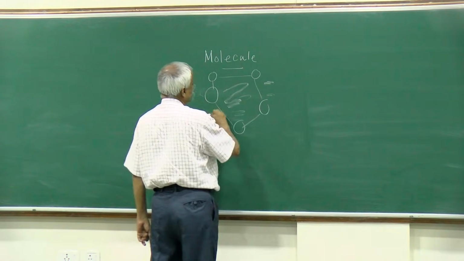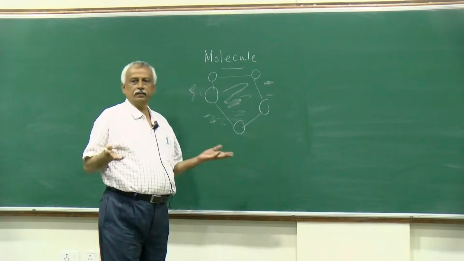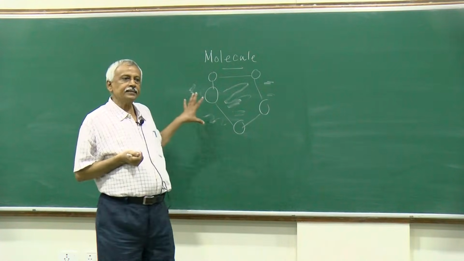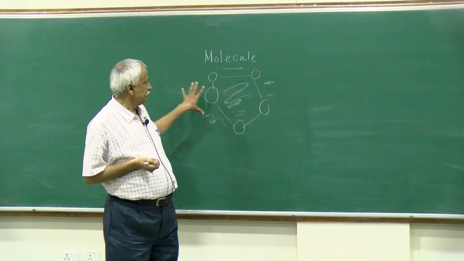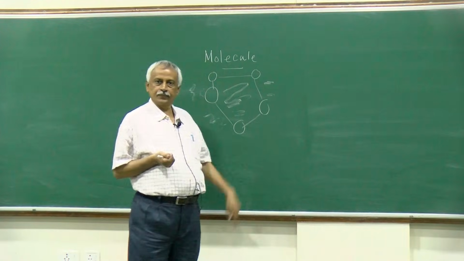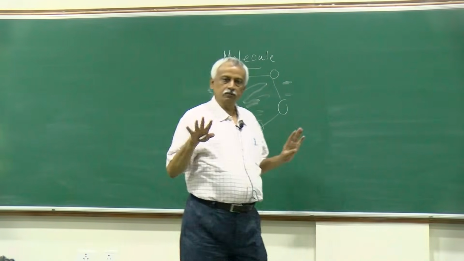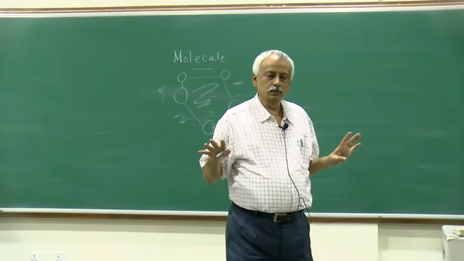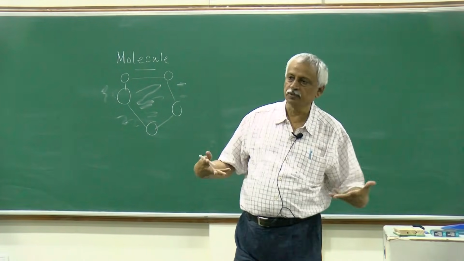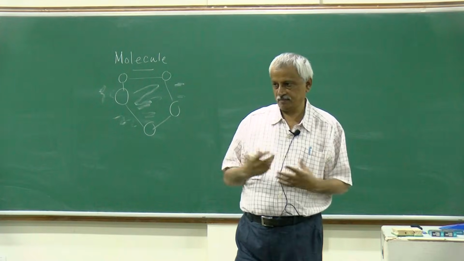This is generally the way we look into the molecule. Now, in this case, there are two important aspects you can see. One, the positions of the nuclei. And the positions of the nuclei will determine what we call the geometry of the molecule or the molecular structure.